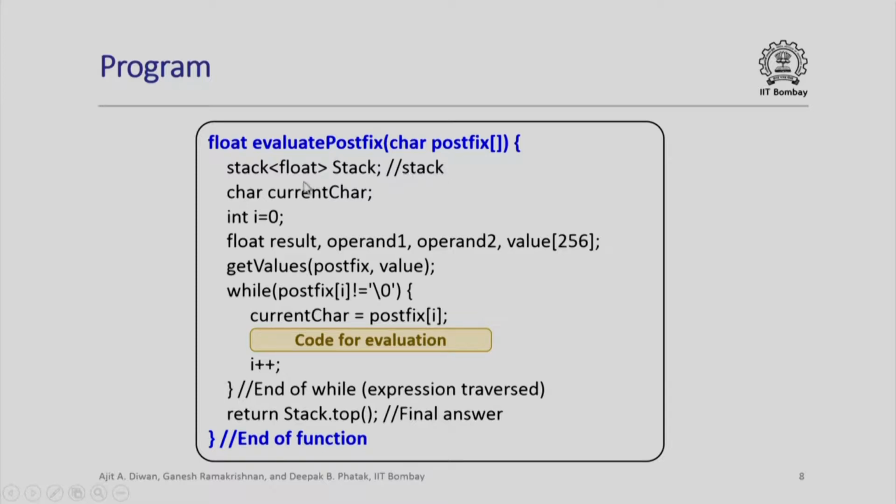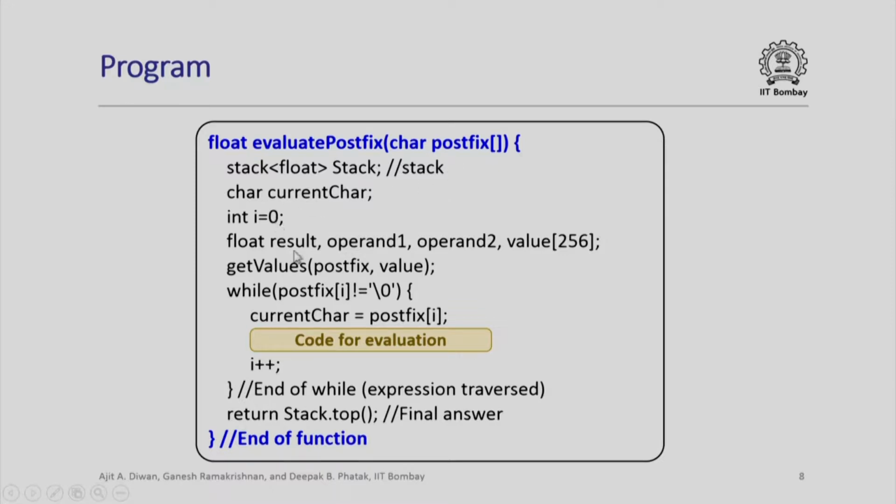What is it doing? We first declare the stack, a float stack, because that is what will contain all the values. There is a current char here. We start examining the postfix array starting with i equal to 0.